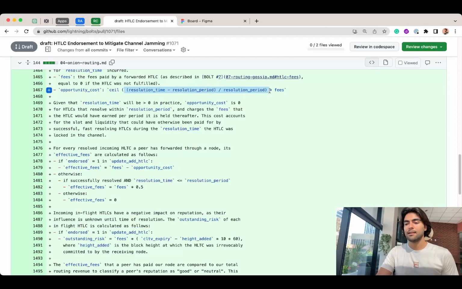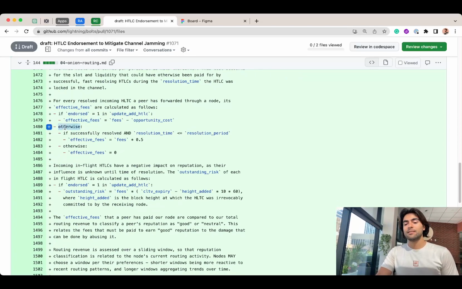And then when we multiply this by fees, the opportunity cost could be twice as much as fees or 3 times as much as fees. So these effective fees can be negative. In this case, we can subtract something from the reputation of a neighbor because the payment was endorsed and it didn't result as expected. So we can either add something here or subtract something.